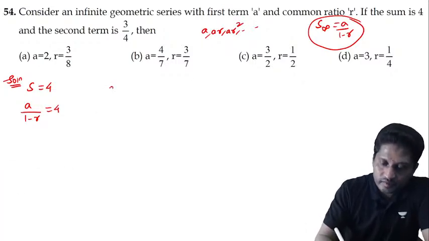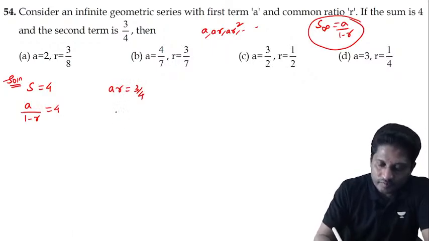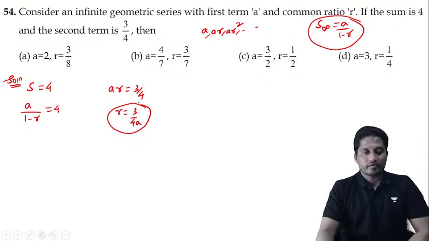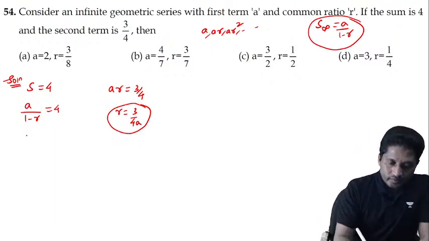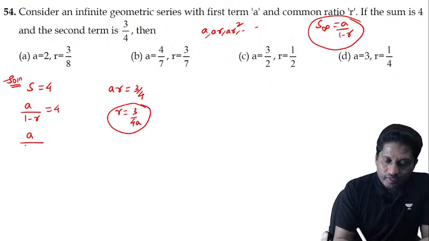Second term Ar is equal to, according to the question, 3 by 4. And from this r is equal to 3 by 4A. Either you eliminate r or you eliminate A. Now if I substitute r is 3 by 4A, A divided by 1 minus 3 by 4A is equal to 4.